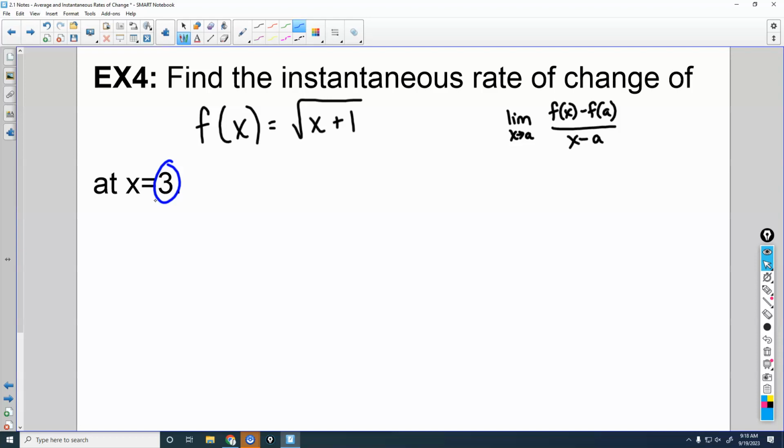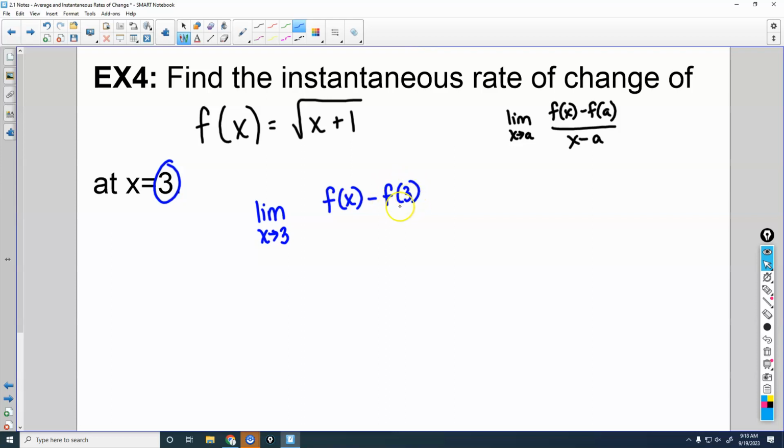So this is what it looks like. Okay? You're going to do the limit as x approaches 3. So 3 is the a. Of f of x, I'm gonna write it out like this the first time. You don't necessarily have to write this step, but I'm gonna write it out like this.